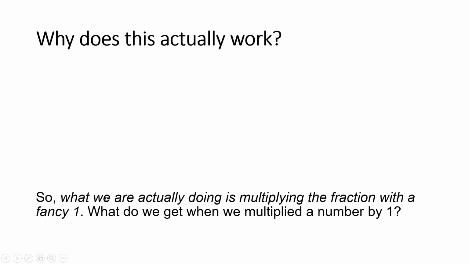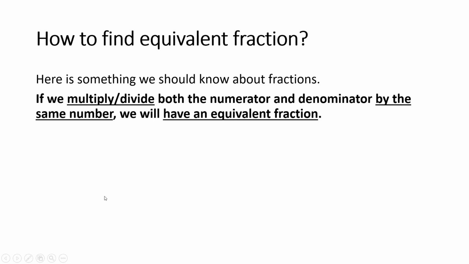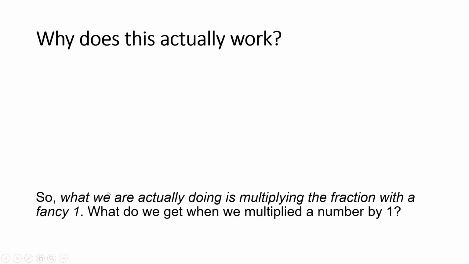So why does this actually work? Well, as you can see, when we multiply the top number and the bottom number by the same number, in fraction, what we're actually doing is we're multiplying the fraction with a fancy 1. So essentially, 3 over 5 times 7 over 7 is the same thing as 3 over 5 times 1.